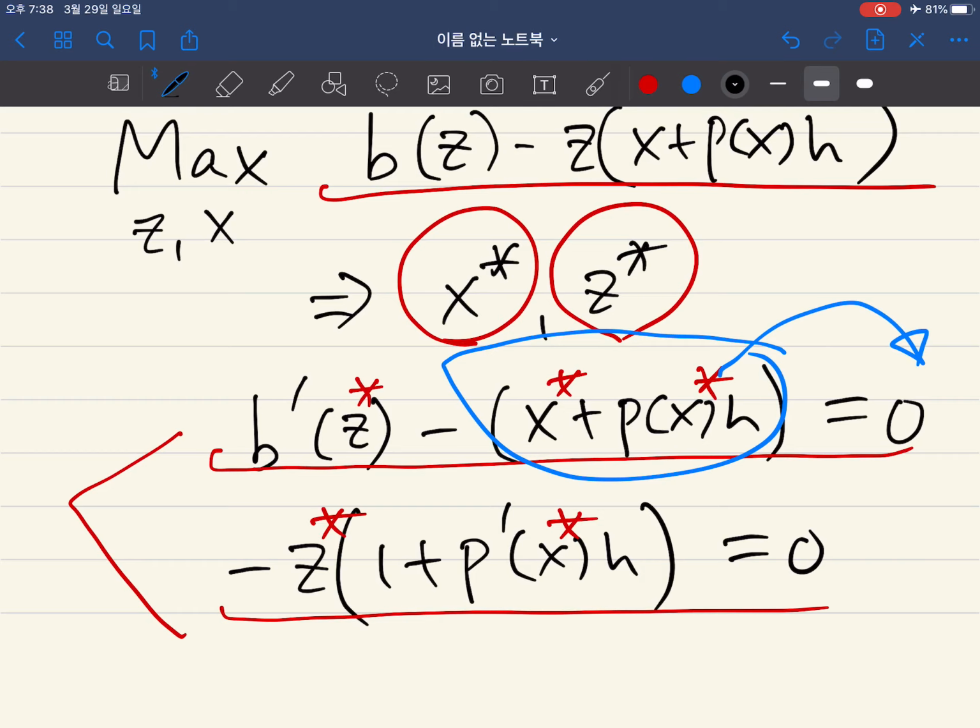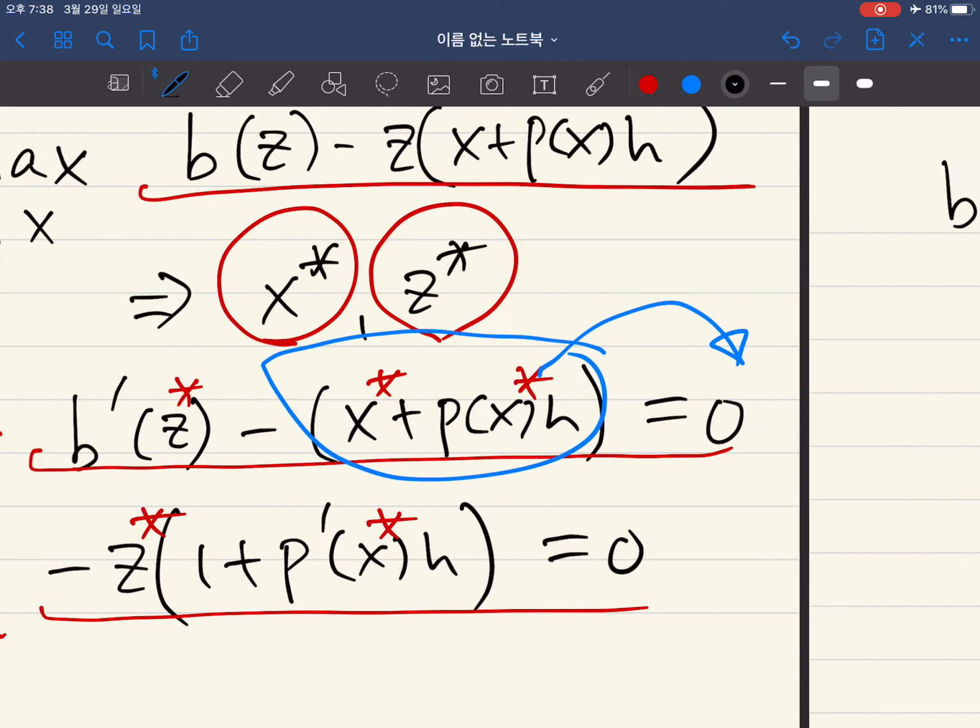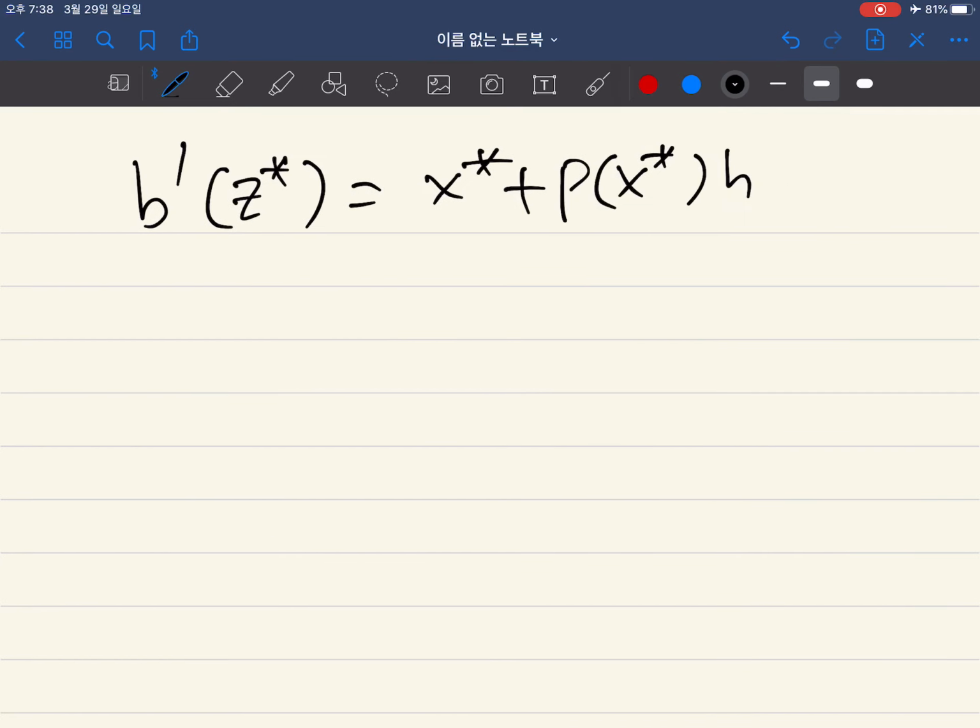So you move this blue term to the right hand side, then we get this equation. What is the meaning of this equation? It means this is marginal benefit.